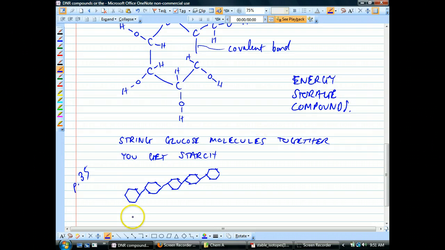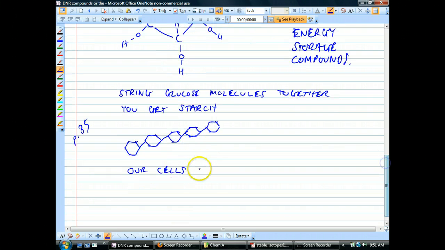Our cells can use glucose for energy. That's called, they can metabolize it, right? So they can use it to do cellular respiration. We're going to have a whole unit on this chemistry behind what's going on when our cells get energy.